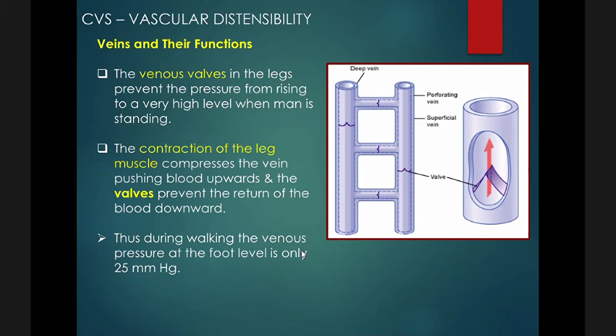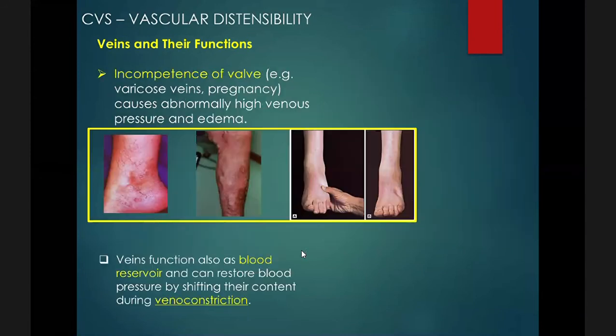So we want a patent valve in the vein, because if there will be an incompetent valve, it will cause the blood to regurgitate back into the lower vessel. Kaya yung forward flow ng vein is affected even if you are contracting the muscles.